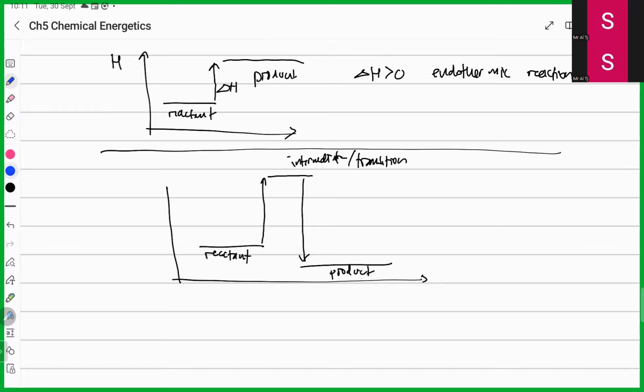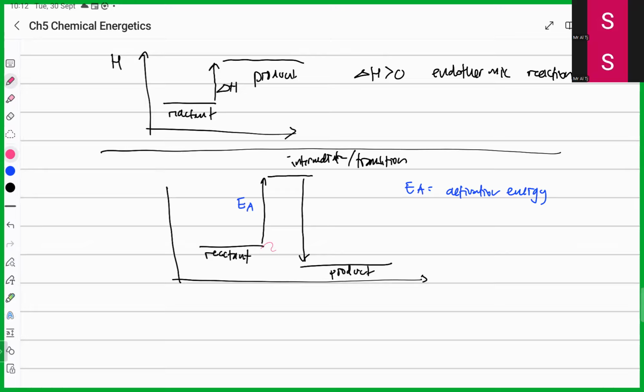Now in this case, we're going to have 2 directions from the reactant. From the reactant going up into the transition, we don't call it enthalpy change, but we call it the activation energy. Activation energy is always going up. It starts from the reactant to the intermediate. The second one here is the enthalpy change itself, which is from reactant to product.